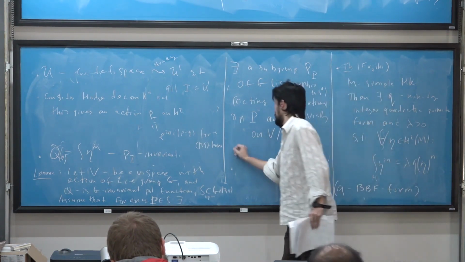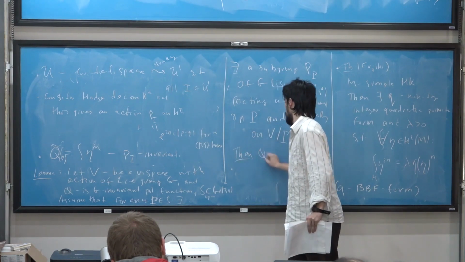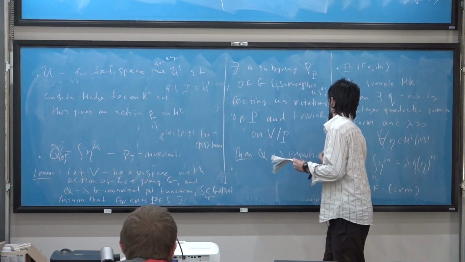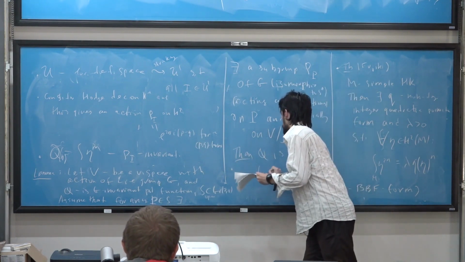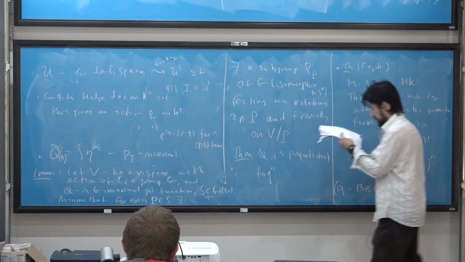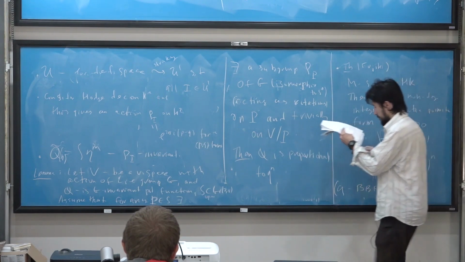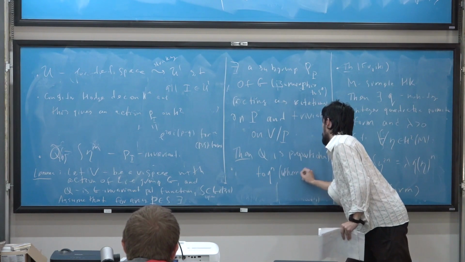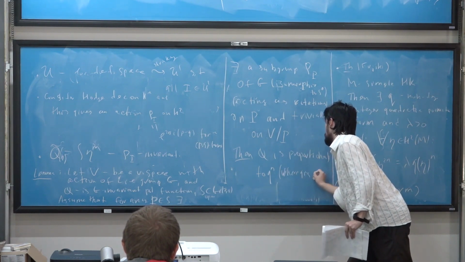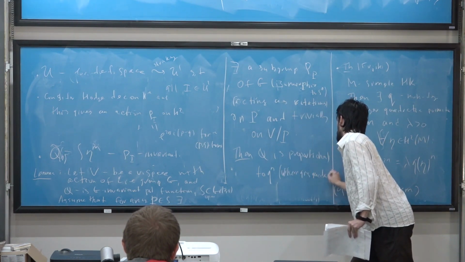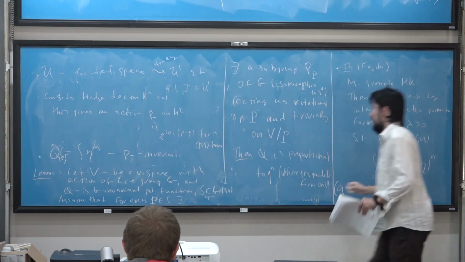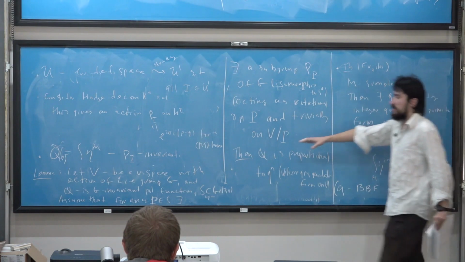Then the statement is that Q is proportional to q to the n, where q is a quadratic form on V.